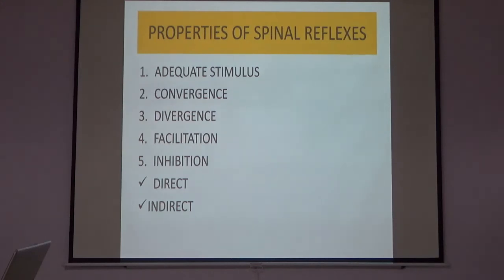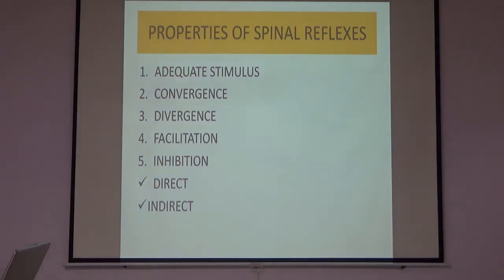For example, stretch of a muscle is an adequate stimulus for a stretch reflex. Then convergence and divergence, which we have already talked about. Then facilitation, which, like convergence, provides the physiological basis for facilitation when many afferent neurons projecting on a single motor neuron are stimulated simultaneously and the motor neuron is activated.